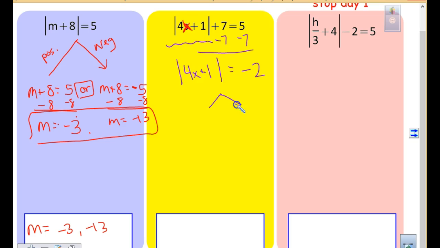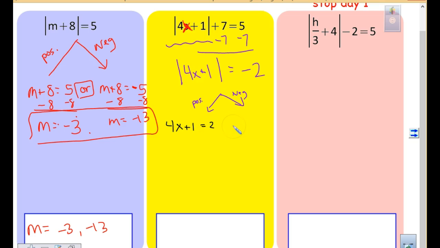Okay. When we split it, if I'm looking at the split, Laura, what am I going to write? One's going to be the positive, right? One's going to be the negative. Okay, tell me. 4x plus 1 equals 2.